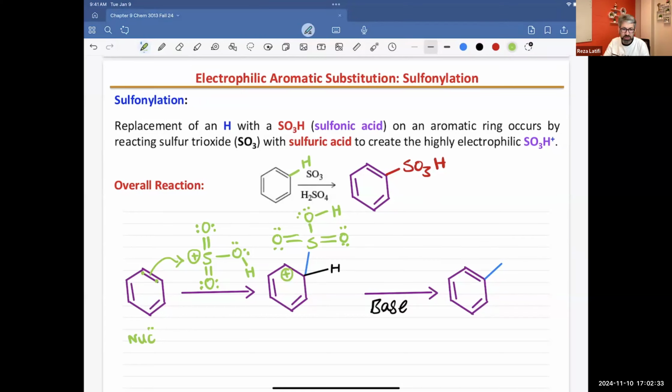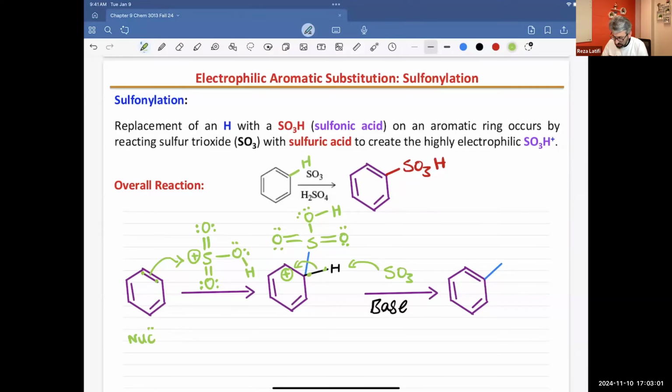Now we need a base to restore the ring, and the base will be SO3. SO3 will attack this acidic hydrogen, and those 2 electrons will be shared with the ring, and in that case we can restore the benzene molecule.